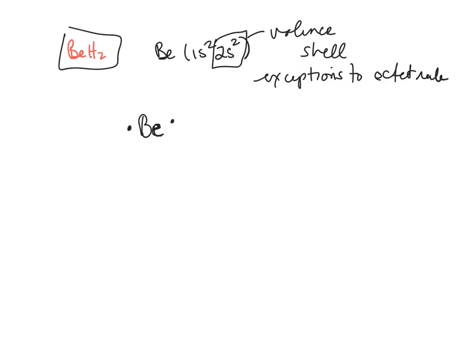And it can make 2 bonds, so hydrogen in this example. You can put little X's there, whatever you want to do, it's fine. So the Lewis structure then is like this. Now it turns out for this example that the VSEPR structure is the same as the Lewis structure.